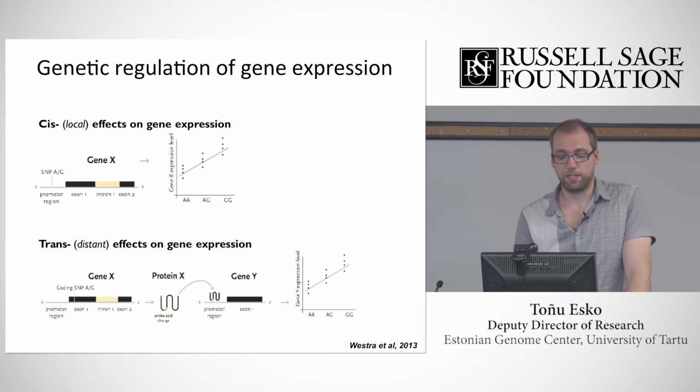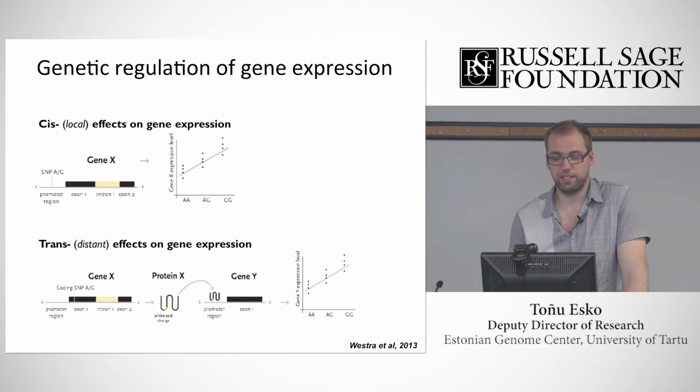Those are where, for example, we have a SNP in gene X, which is on chromosome 1, and this affects the gene expression of a gene on chromosome 2, for example by directly changing a protein's structure and binding affinity, and then this changed protein is not binding as efficiently anymore to the gene and regulating the gene expression. And then we are able to observe a similar linear tendency.